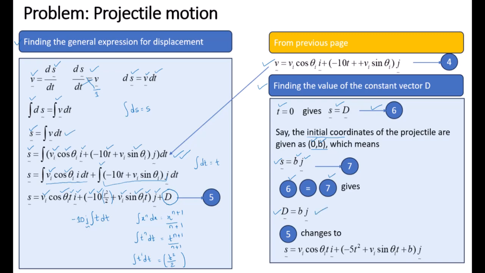So if we put the value of this d in equation number 5, we will finally get displacement equal to vi cos theta I t times I, plus in the bracket we will get minus 10 over 2, which can be written as minus 5 t square, plus vi sine theta I t plus b times j.